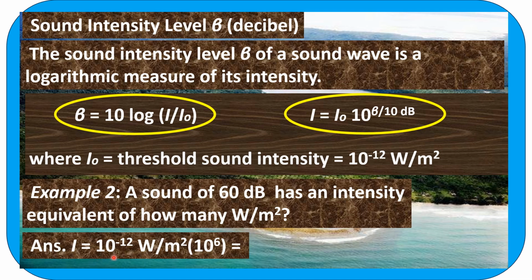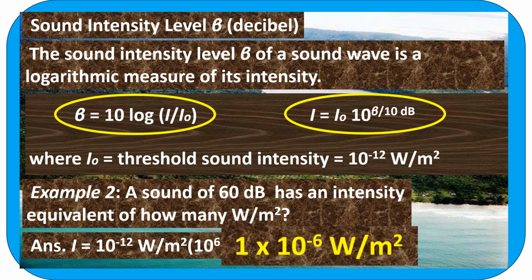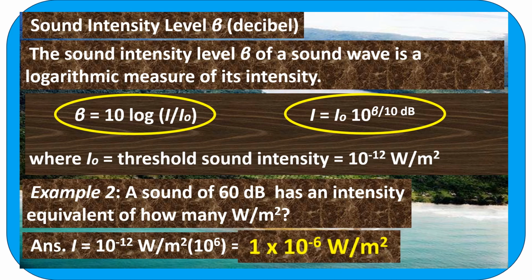I naught is 10 raised to the negative 12 watts per meter squared, multiplied by 10 raised to the 6, because 60 decibels divided by 10 gives us 6. The unit decibel also cancels out, and with the help of your calculator or even mentally, you can just do the operation. The intensity equivalent is equal to 1 times 10 to the negative 6 watts per meter squared.